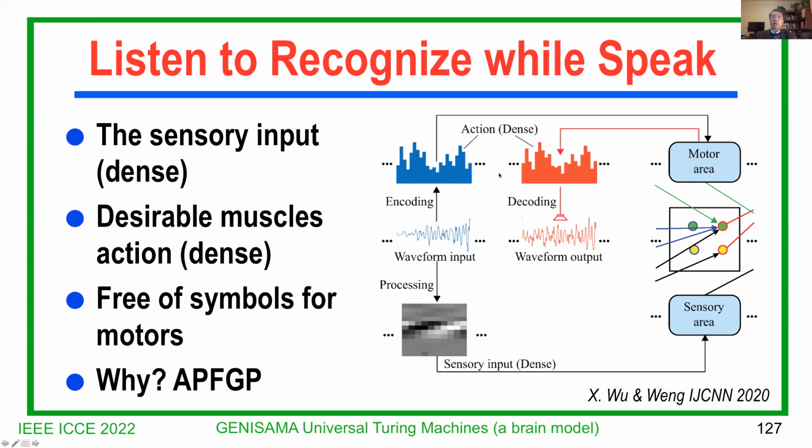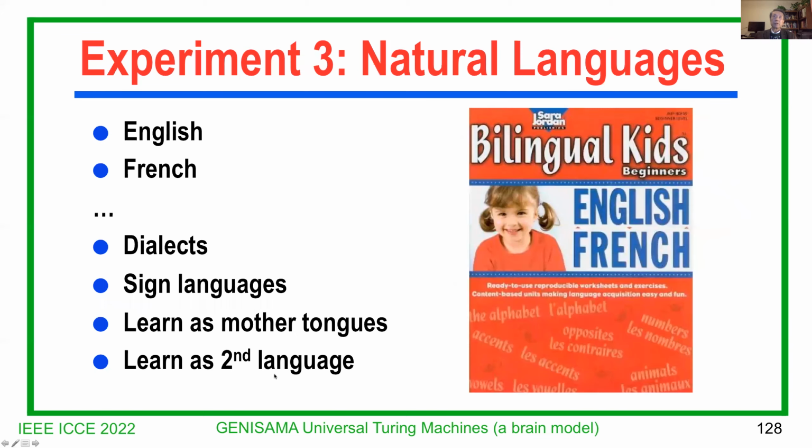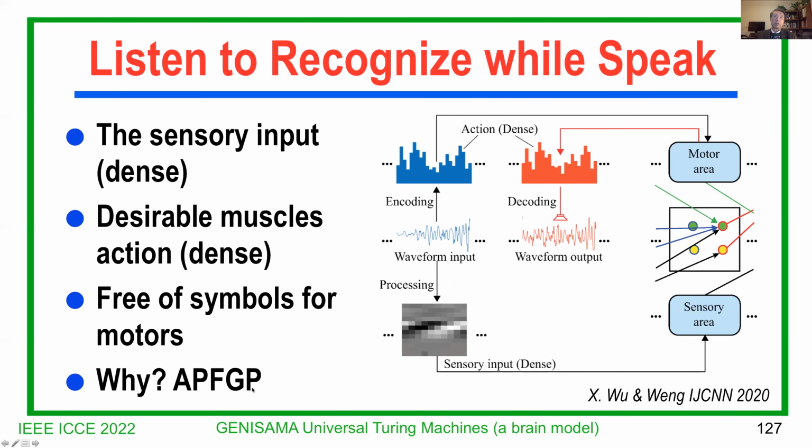We don't have to use symbols, but rather vectors learned from the environment, generated and heard, that are doing the same thing. So why do we use APFGP for audition? The reason is that we don't have to put any symbol into the context, and motor will emerge very much like language. We will talk about that next.